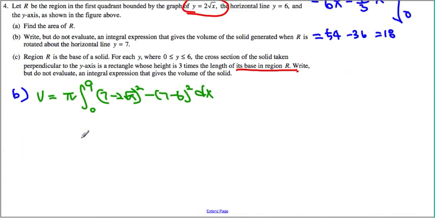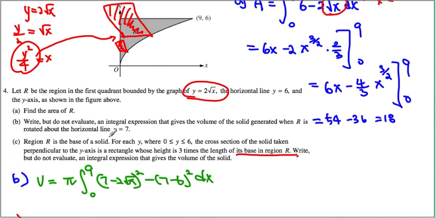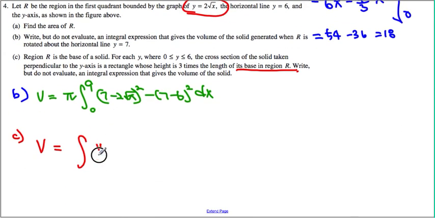Now, then let's look at part C. And the volume in this case is collection of the rectangles, where the base is simply y squared over 4, and height is 3 times the length.